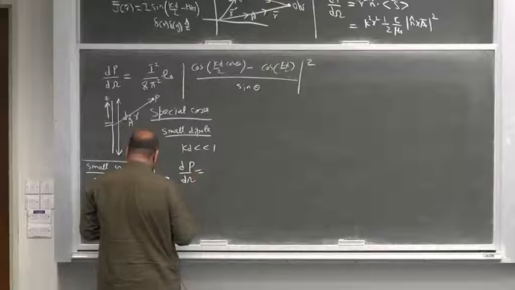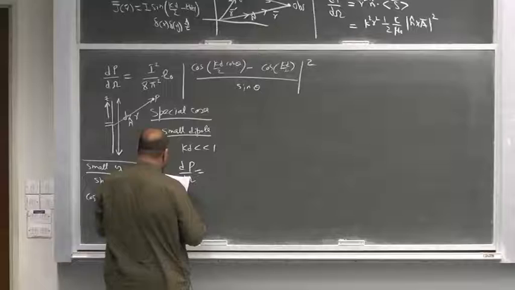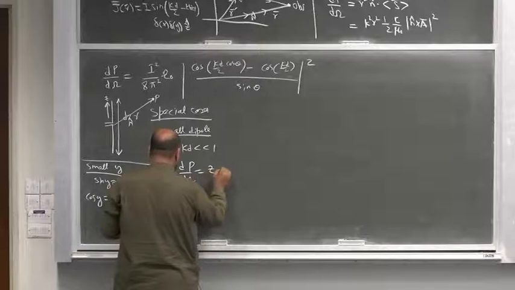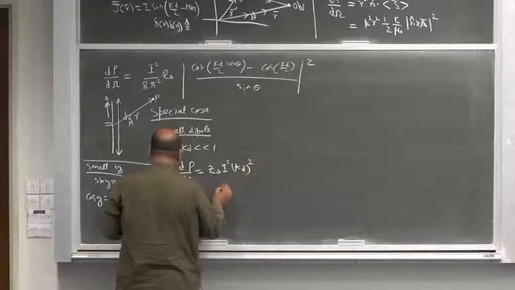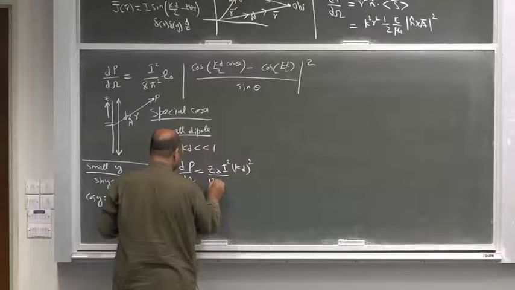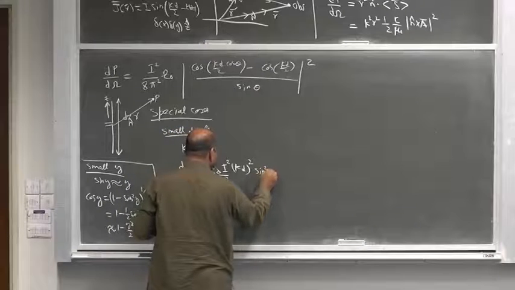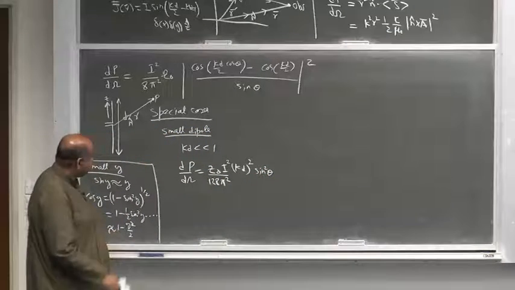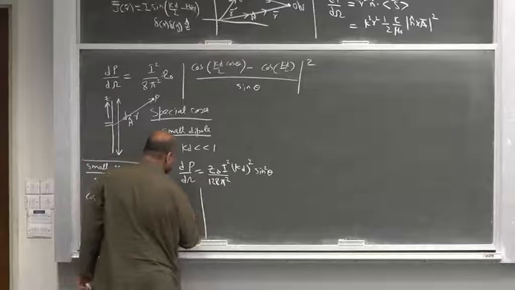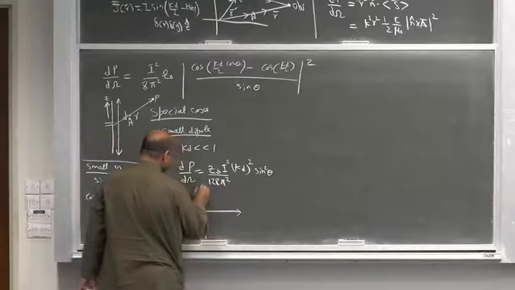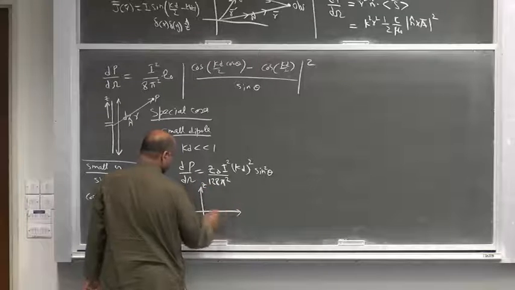the angular power distribution is this thing into sine square theta. And if I plot it using polar coordinates, so this is z-axis, this is the xy plane.